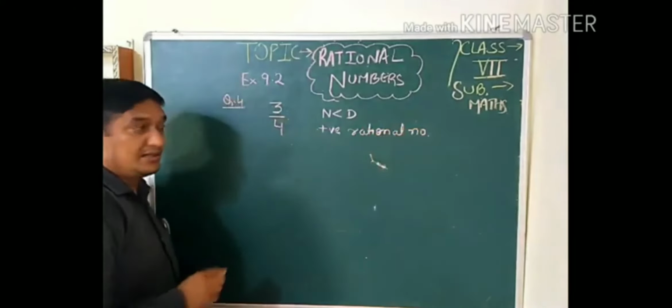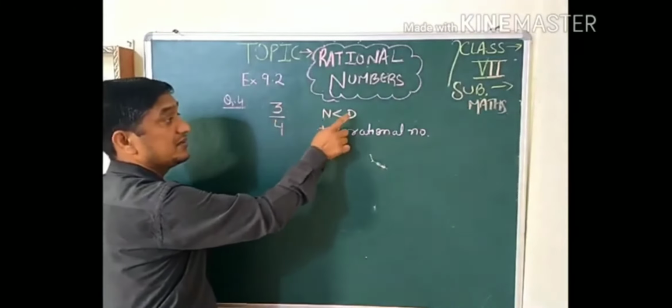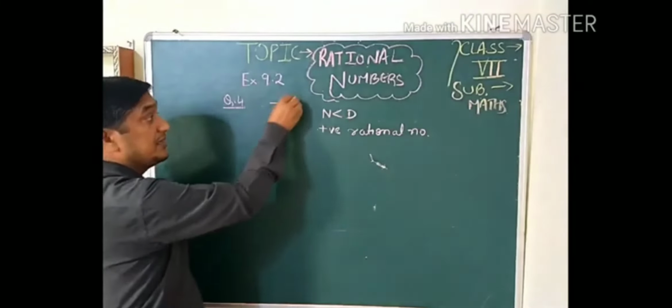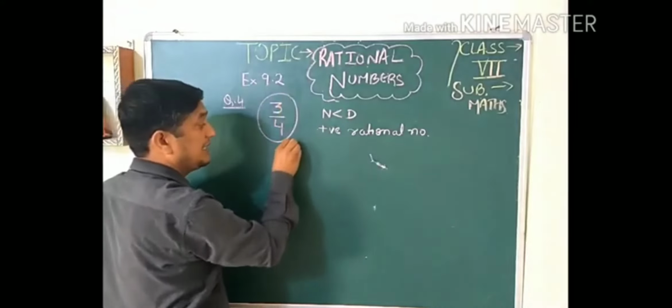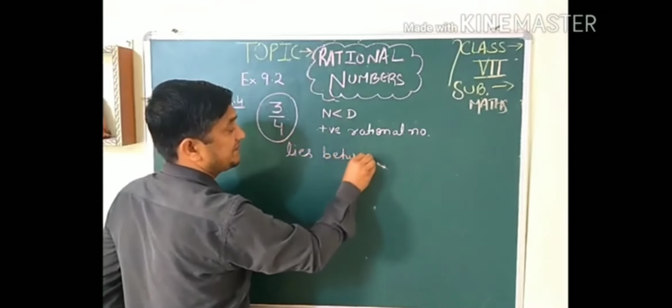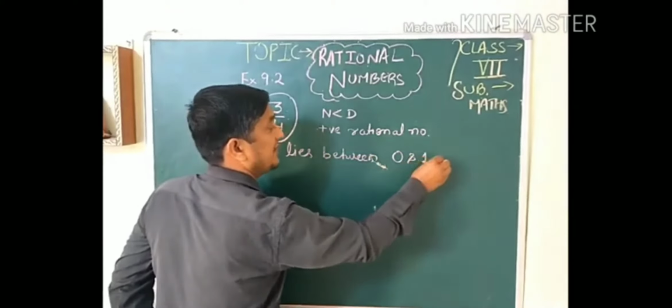Now children, as here the numerator is smaller than the denominator, you must remember that this rational number always lies between 0 and 1.